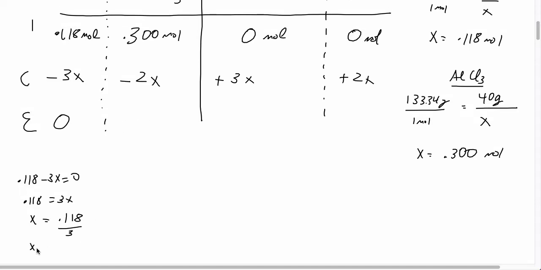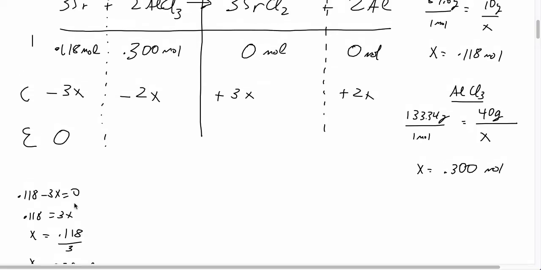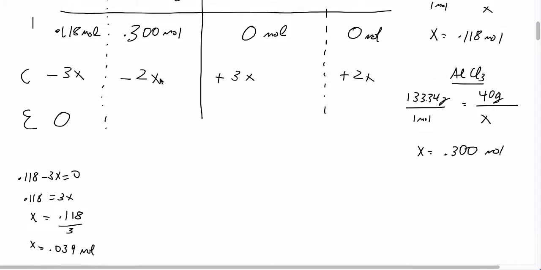So x equals 0.039 moles. Okay. So if you took that times 3, you get 0.118. But what we're going to do is put it right into here. So this is going to become minus 2 times 0.039.